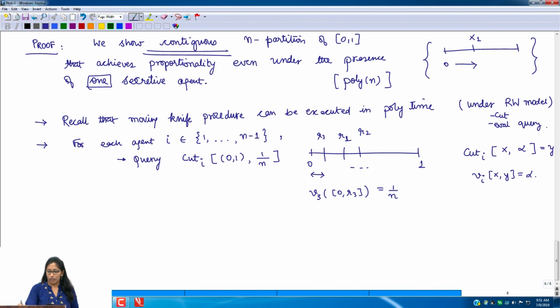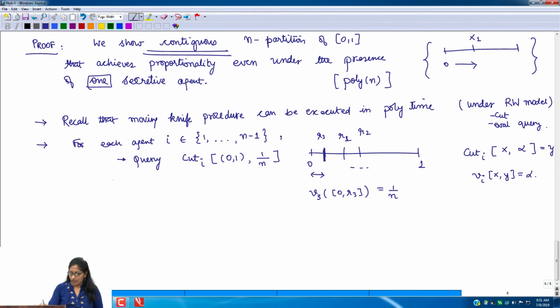Because the third agent made the cut here. So what would be the next natural step? These are the markings, right? Where do I make the cut? Yes, R3, by which I mean the first leftmost cut.